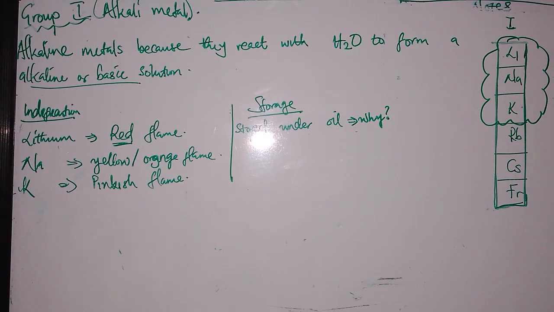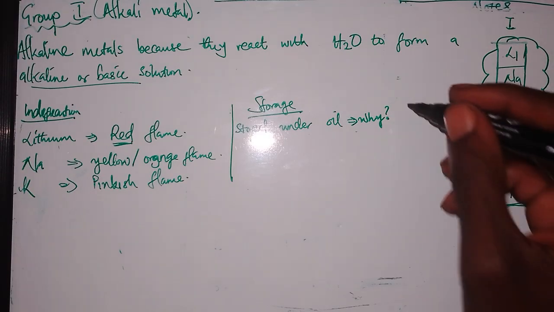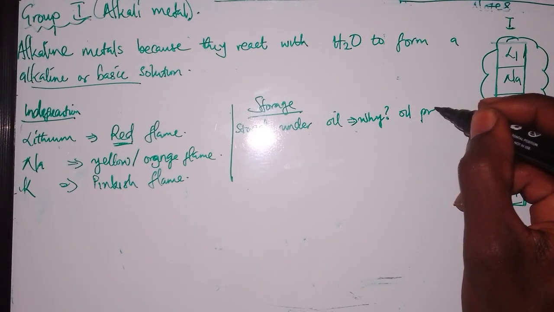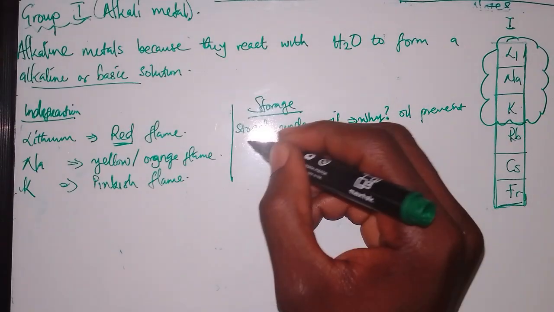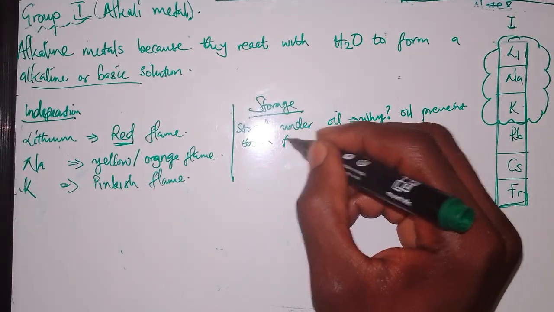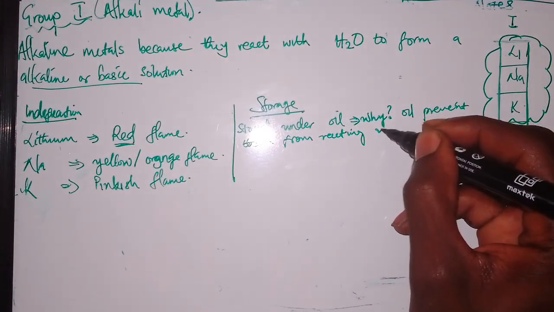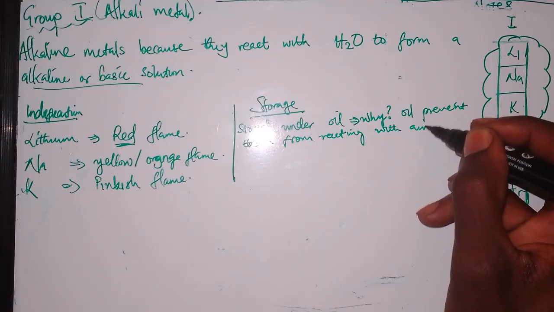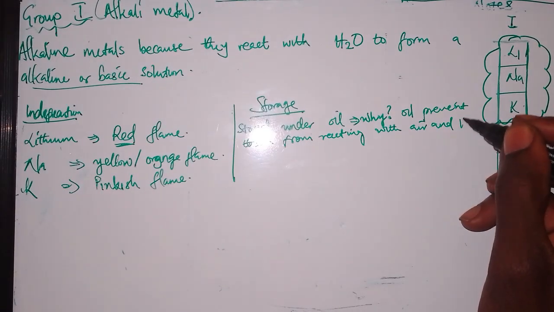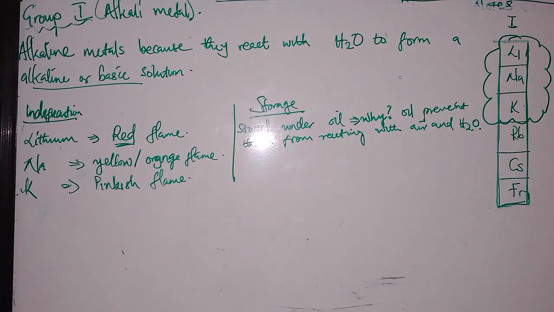Why does this belong to group 1? Why is this? You need to understand the reason, not memorize. So why are group 1 elements stored under oil? Because oil prevents them from reacting with the air and H2O, which is the water.